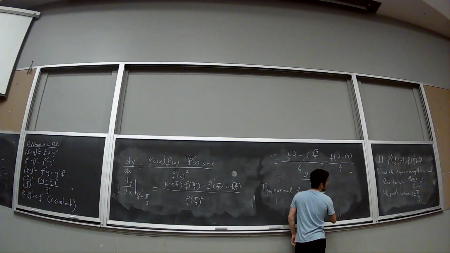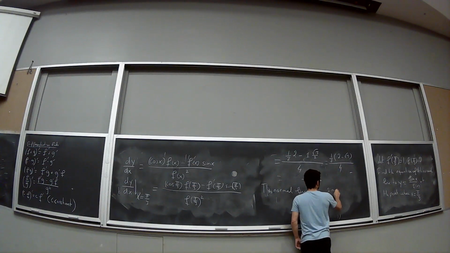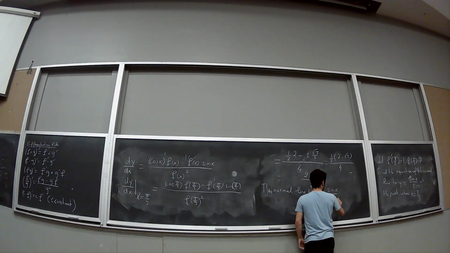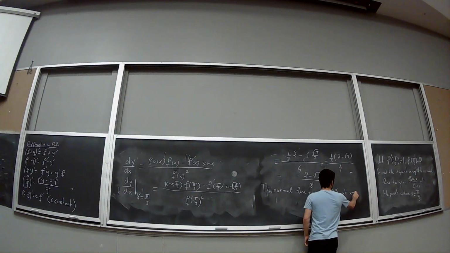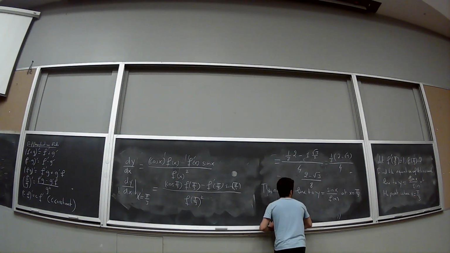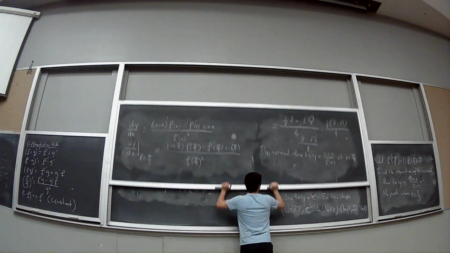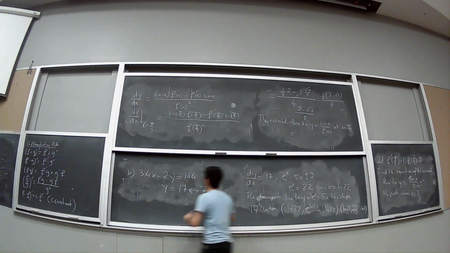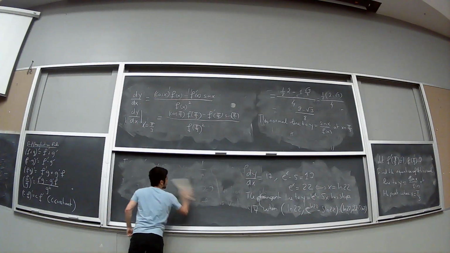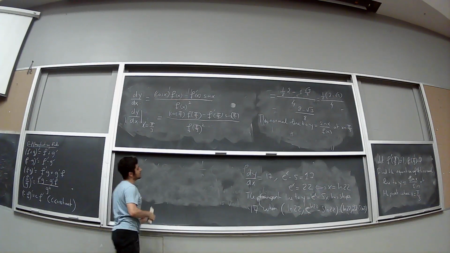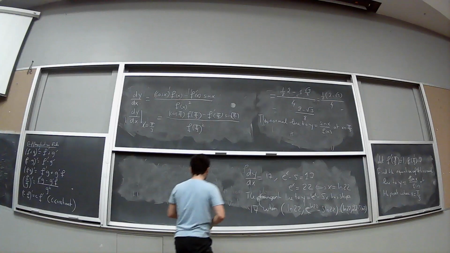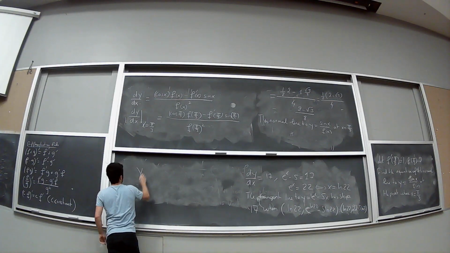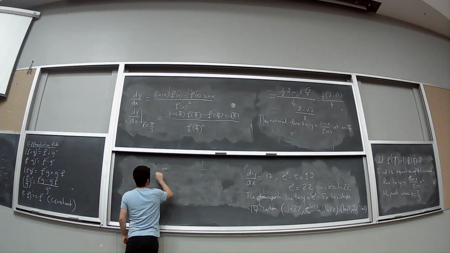y equals, let's see, f of x at x equals pi over 3. So the slope of the tangent line is 2 minus root 3 over 8. So the slope of the normal line is minus the reciprocal of this, right?